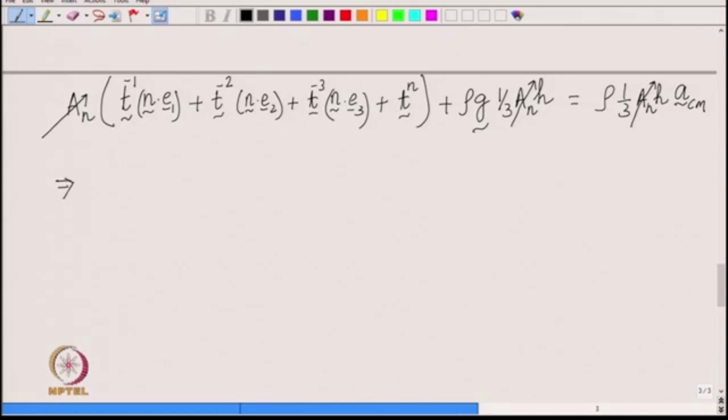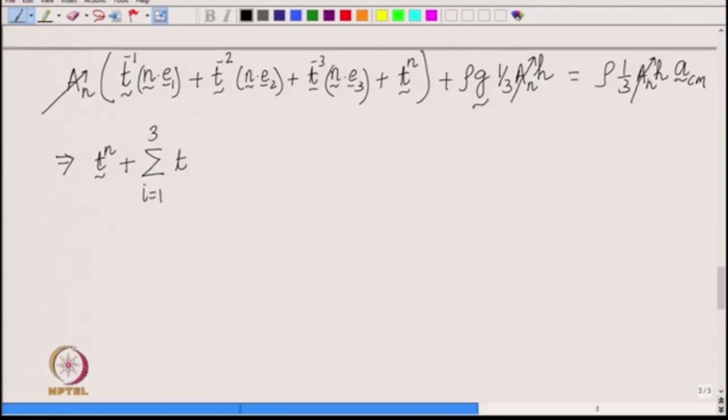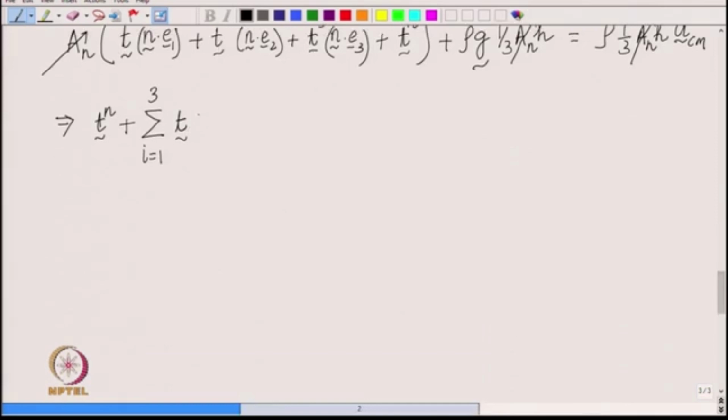So, this means T n plus summation over I equal to 1 to 3 T minus I n dot E I.